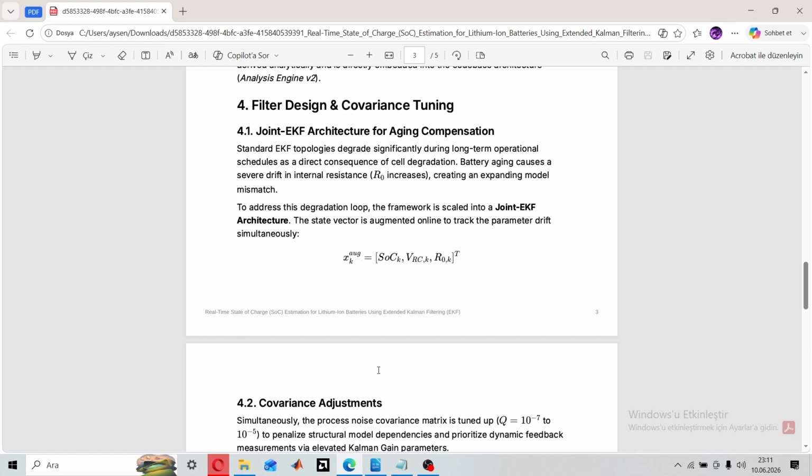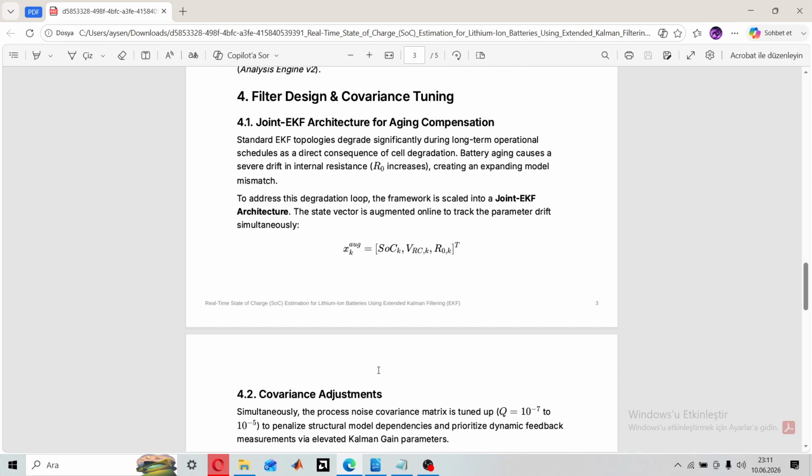To address this degradation loop, we scaled our system into a joint EKF architecture. The state vector is augmented online to track the parameter drift simultaneously. This allows the filter to co-estimate both the dynamic states and the time-varying internal resistance parameters online.